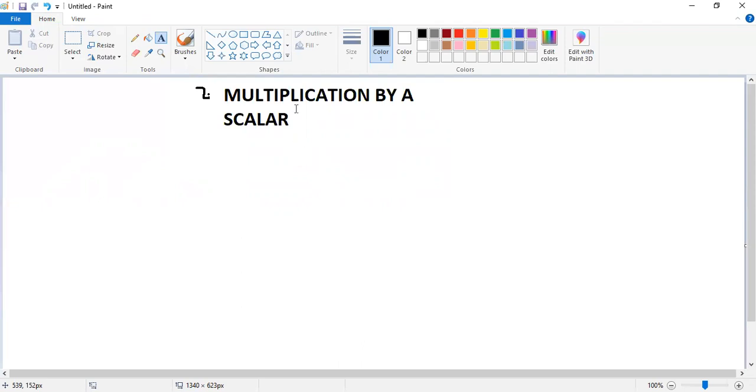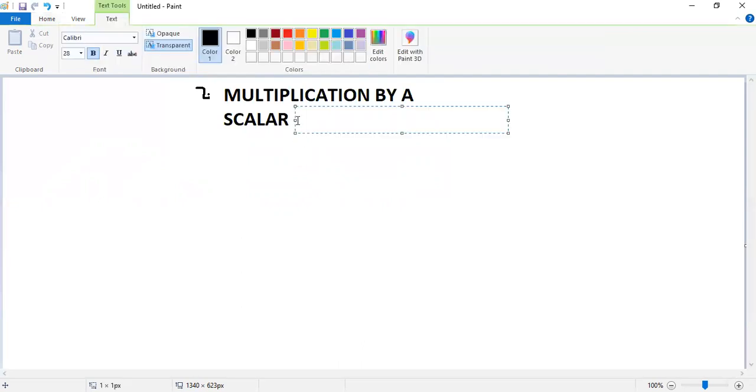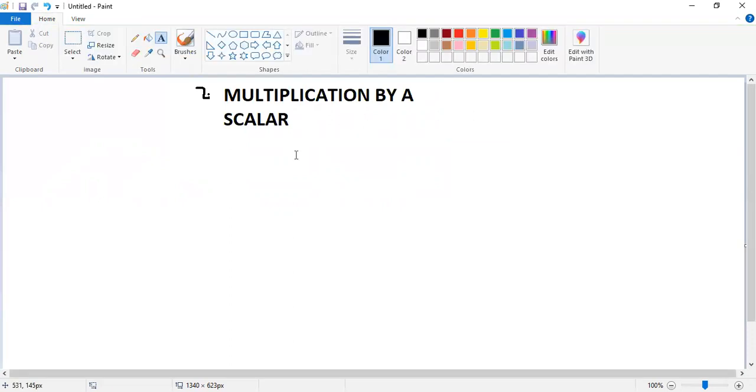When you say a scalar, you just mean we are talking about a number. So a scalar is just a number. It can be 1, -1, 2, but in elementary row operations, 0 can never be a scalar. You can never multiply any row by 0.